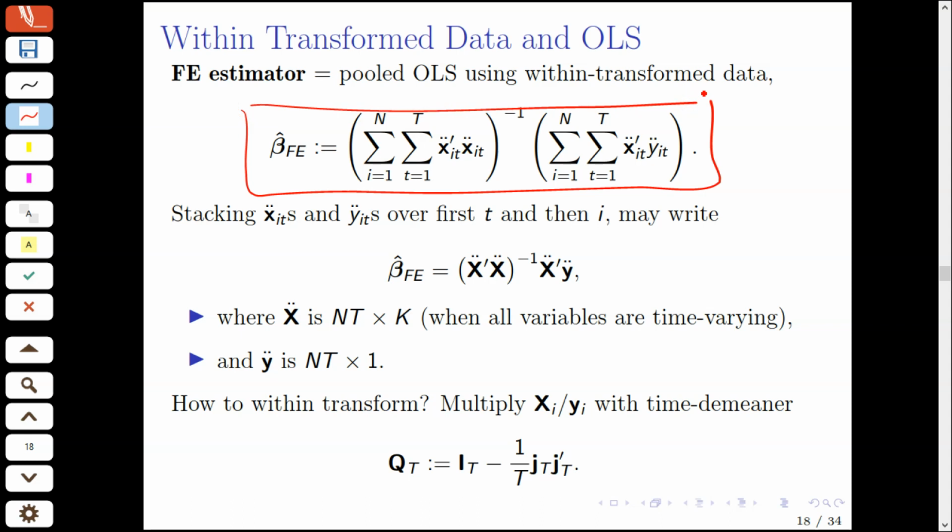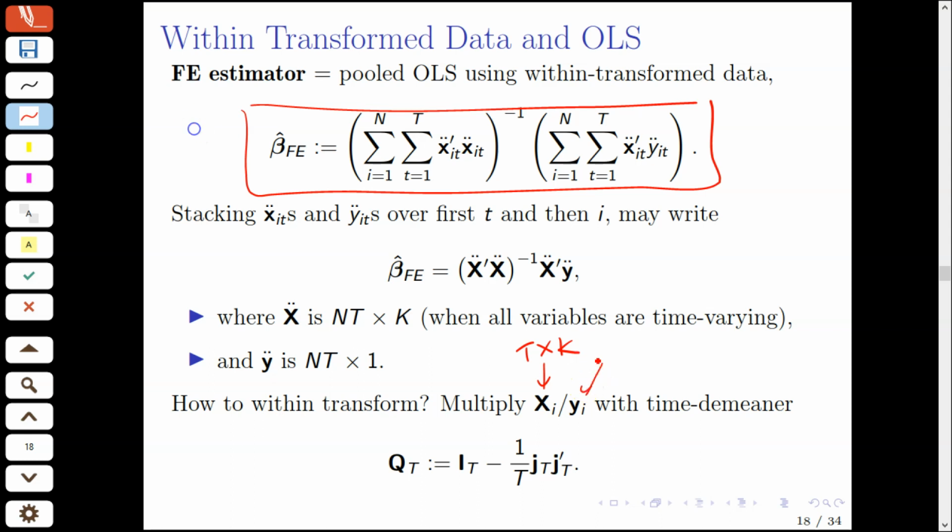Now, you may ask, how would you conduct the within transformation in practice? Well, suppose that we've gathered the regressors, the x_it, and stacked them over time for a given individual to get a T by K matrix. Let's call it boldface X_i.